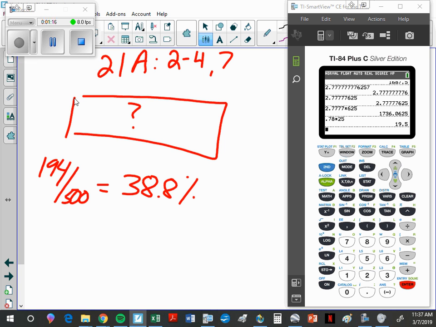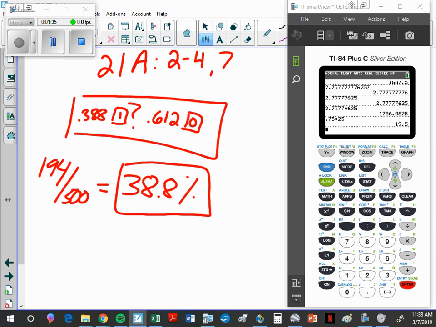So I am going to stick these numbers in the box, 0.388 ones and 0.612 zeros. Okay, so this is my expected value, plus or minus my standard error.